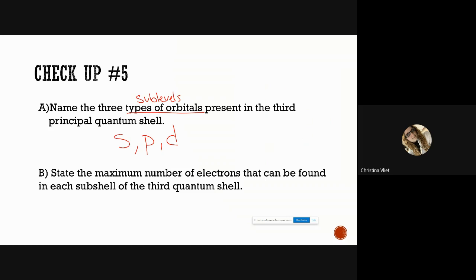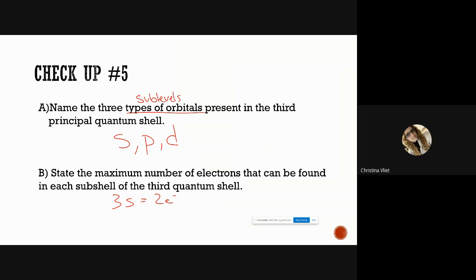In 3s, how many electrons could be held? It asks for the maximum. S can only hold 2. Why don't I multiply it by the 3 in front? Because some students want to do that. Why isn't 3s 6 electrons?